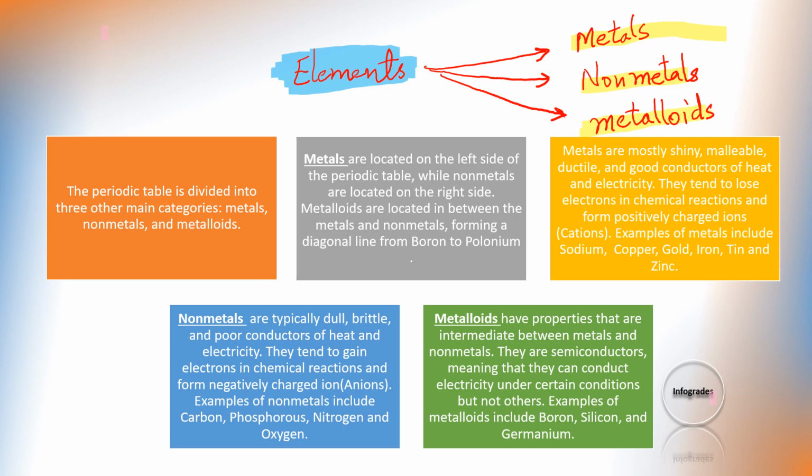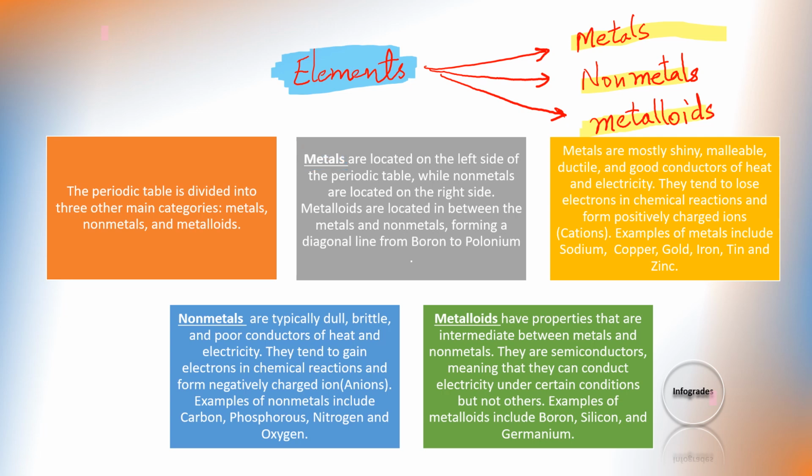All right, so moving forward, elements can be further divided into three major groups: metals, nonmetals, and metalloids. Metals are located on the left side of the periodic table.